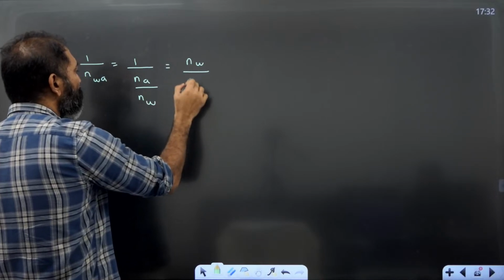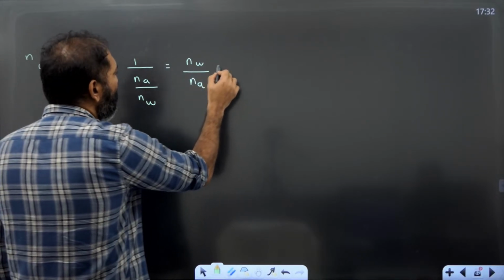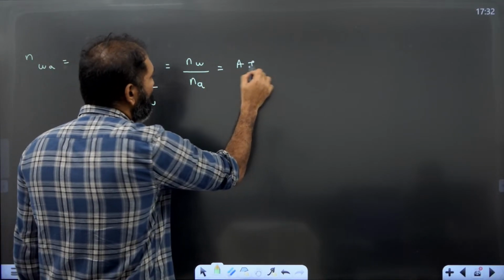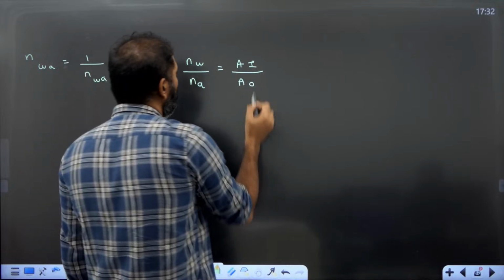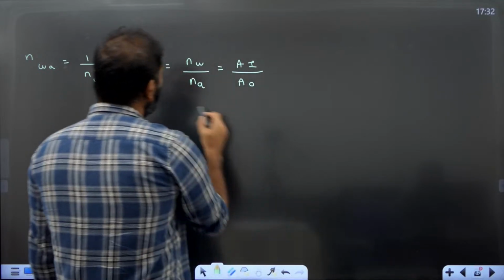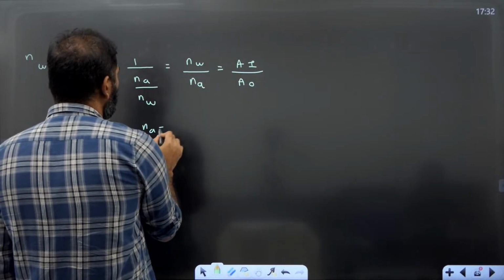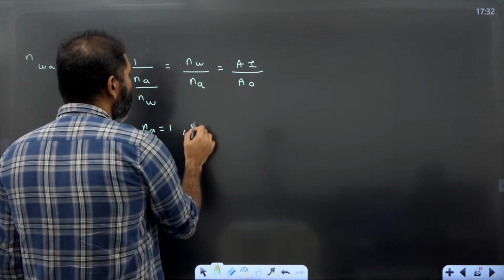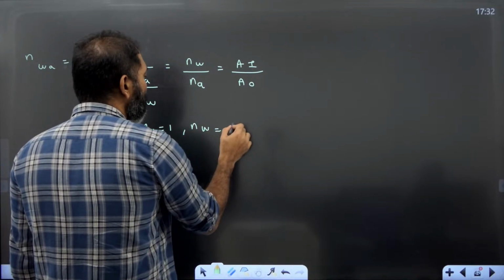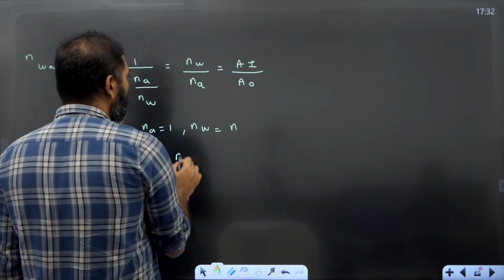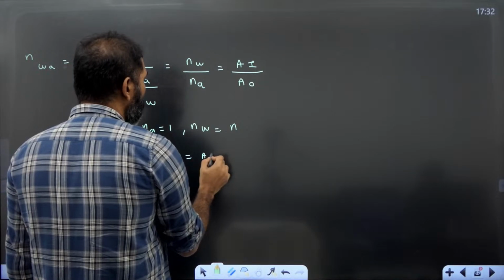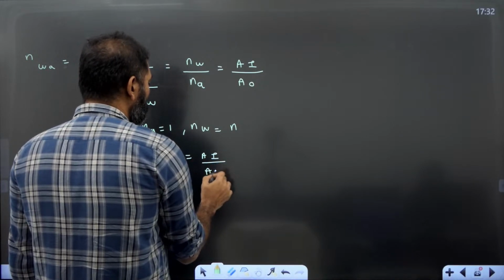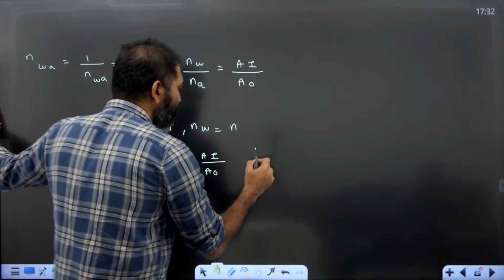So refractiveness of water divided by refractiveness of air is equal to AI by AO. What is refractiveness of air? 1. So instead of refractiveness of water, I can write simply refractive index. So n equal to what? AI by AO.